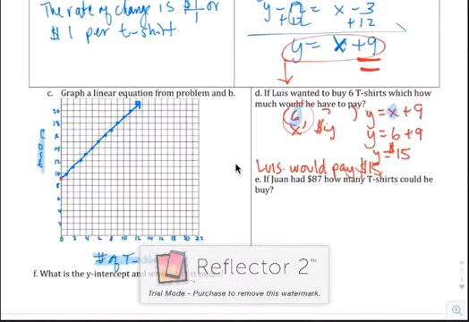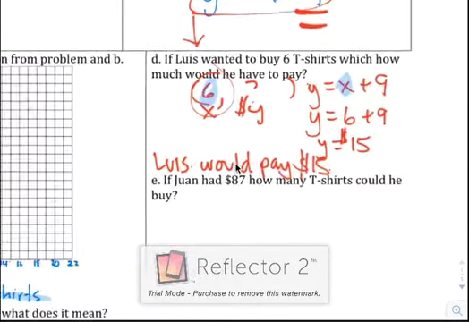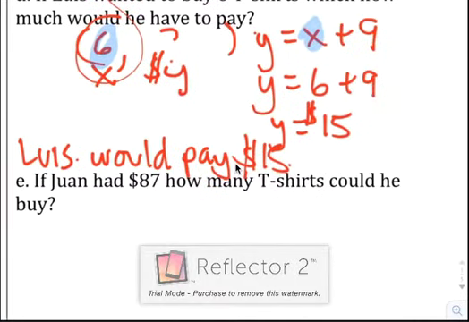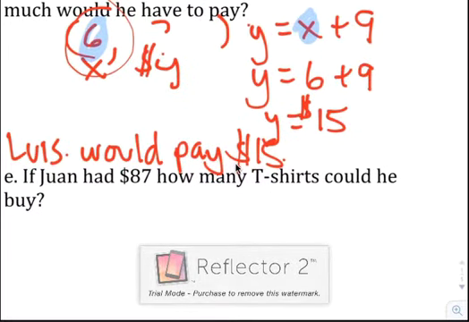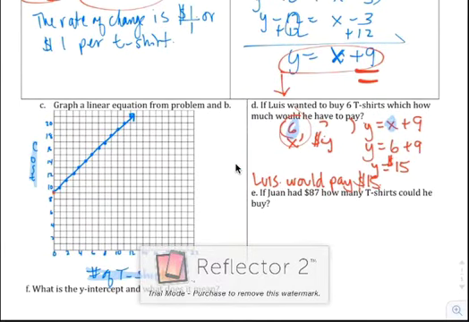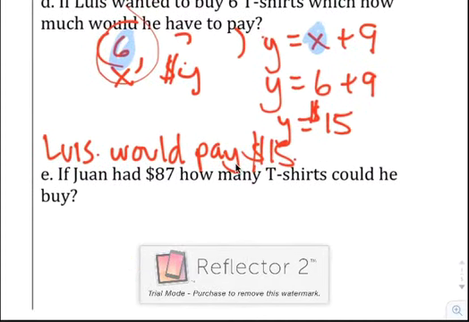as our math. If Juan has paid $87, how many t-shirts could he buy? $87? Oh no, the graph doesn't. Okay, so X is the number of t-shirts, Y is the dollar amount, and we got $87 here. We want to know how many t-shirts.